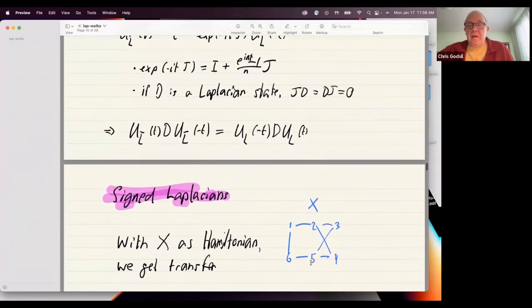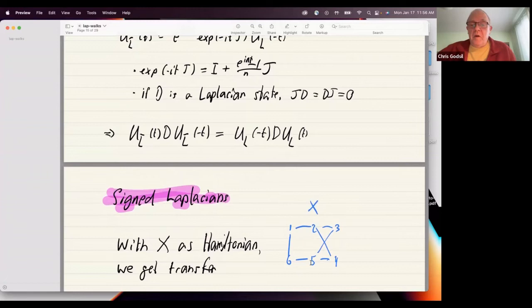The other point, which I hinted at before and want to go into now, is that, after an embarrassingly long time, we decided to ask ourselves: could we get transfer from an edge state to something which wasn't an edge state? So they're both going to be things of the form (e_i minus e_j)(e_i minus e_j) transpose. But in the first case, we assume that ij is an edge, and in the second case, kl is not an edge. So could we get that transfer?